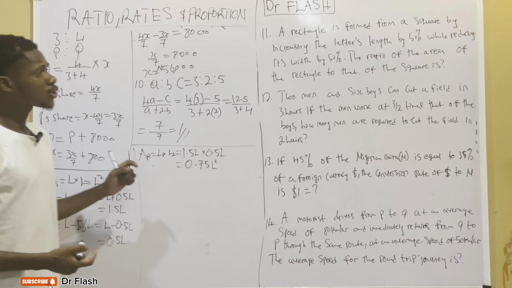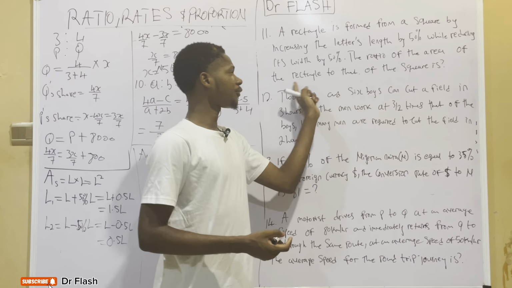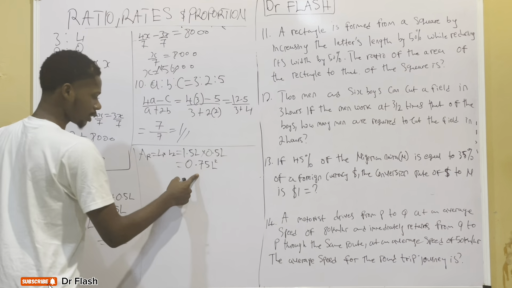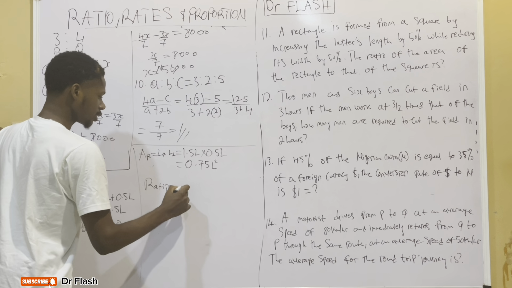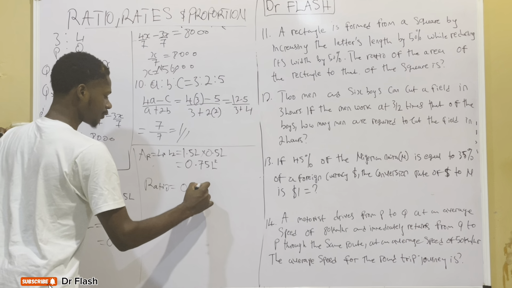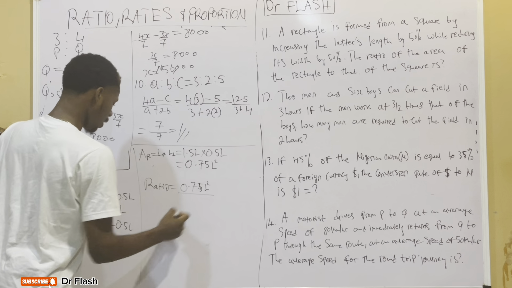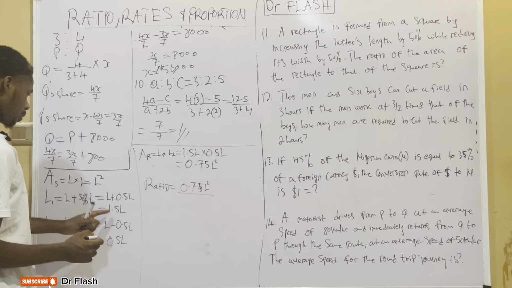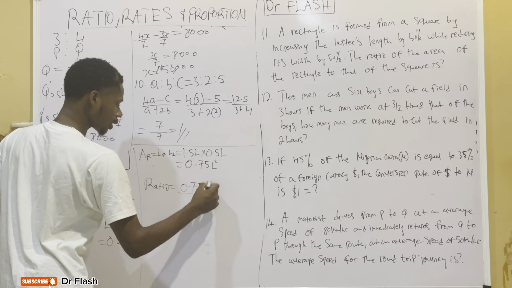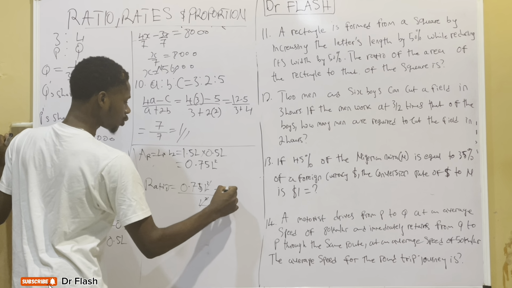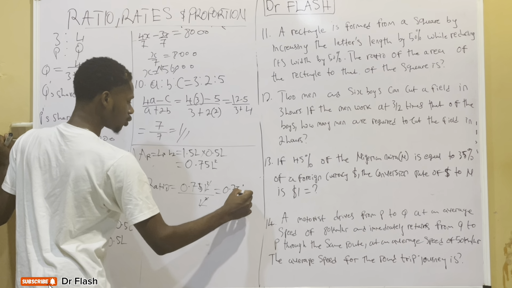Now they asked us to find the ratio of the area of rectangle to that of square. This is the ratio of the area of the rectangle. So the ratio is equal to 0.75 L squared divided by, what's the initial area? L squared, right? So L squared cancels L squared. So this is equal to 0.75 ratio 1, right?